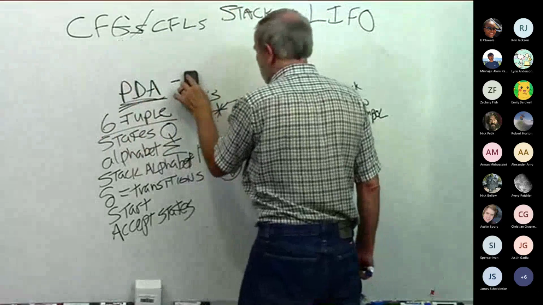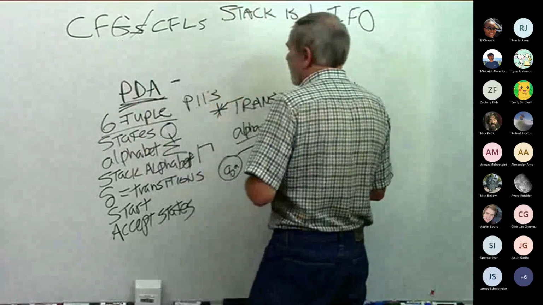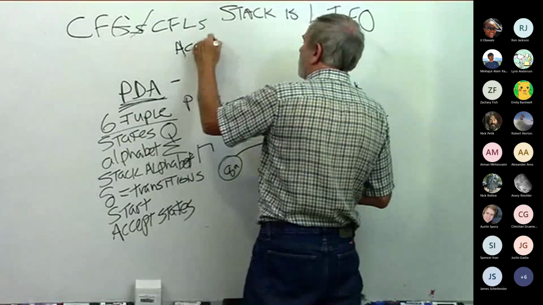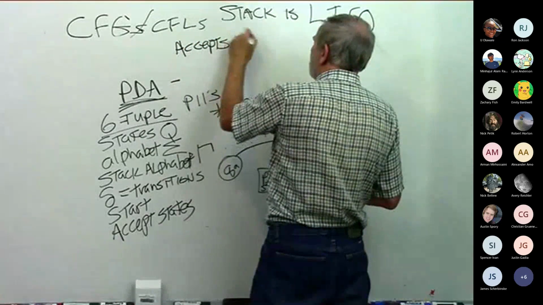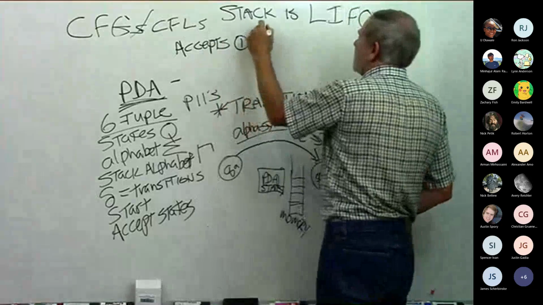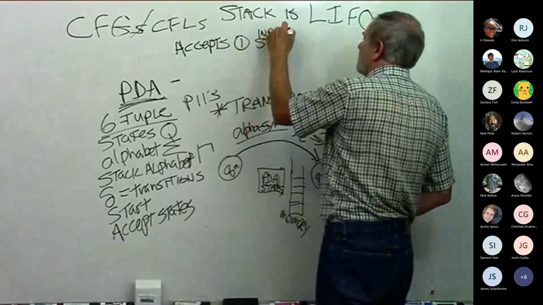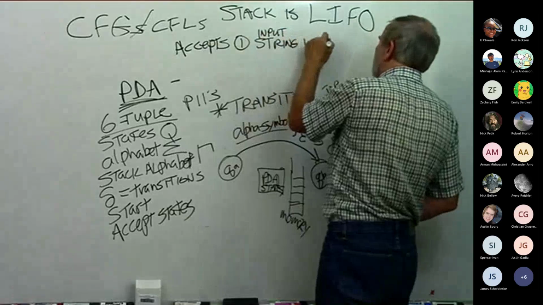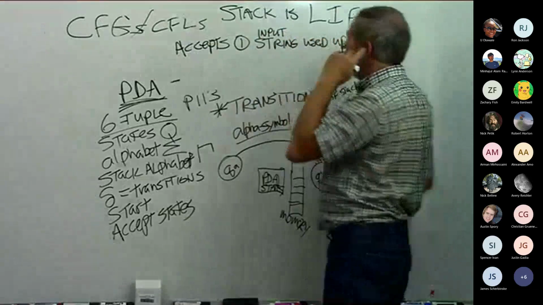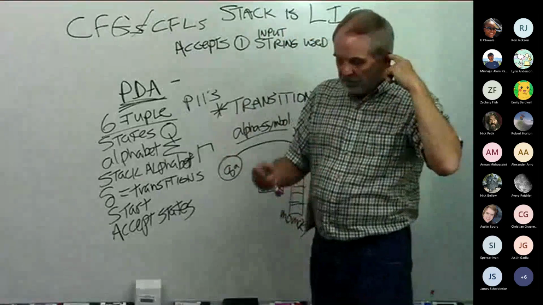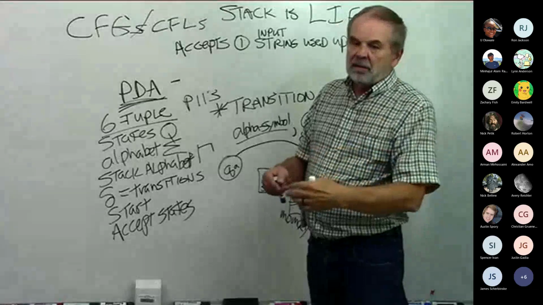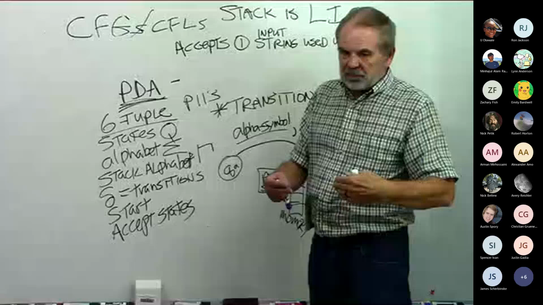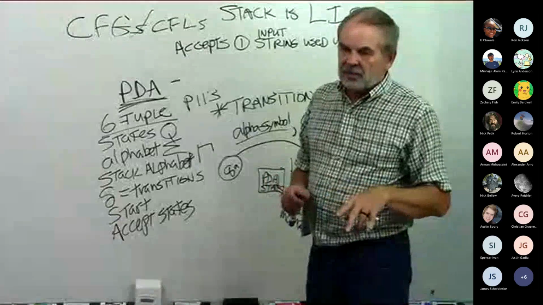A PDA needs to meet 3 conditions to accept. The input string is used up. That means all the characters have been read and transitions have been made. It's gone through the entire input string, so there's nothing left over.